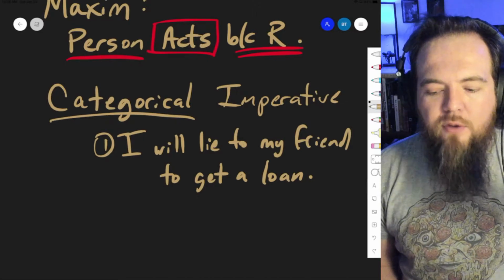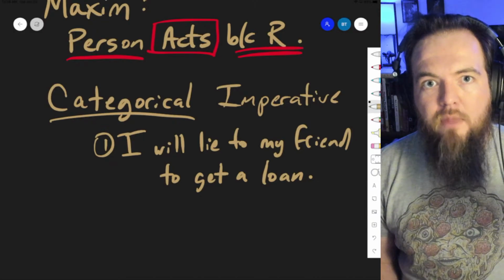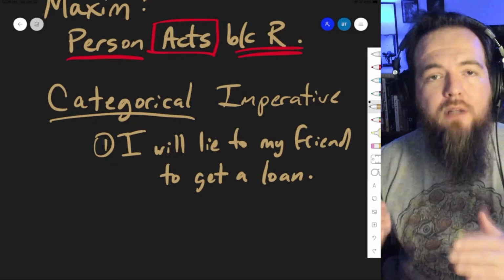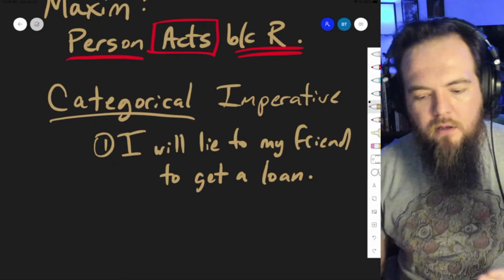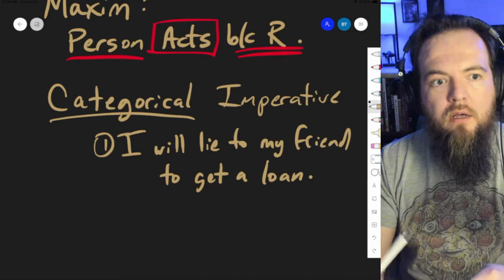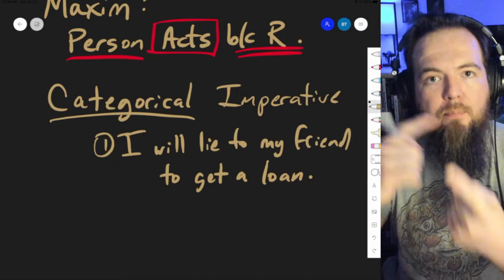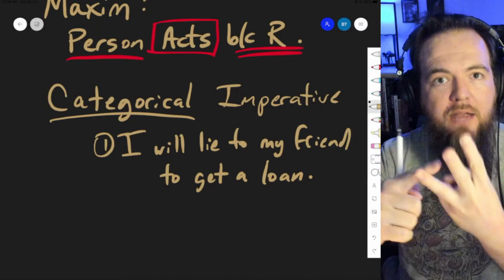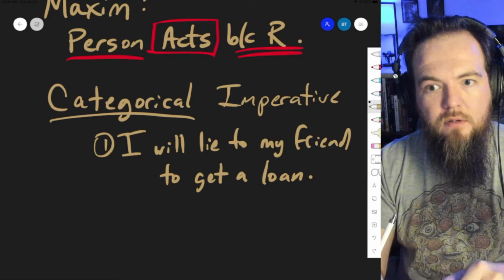So I know that if I lie to her, she'll give that money to me. That's what I'm considering doing. I want to lie to my friend in order to get a small loan. So in step number 1, I've found the maxim: the sentence that says the person, what they're doing, and the main reason. I've set that out.